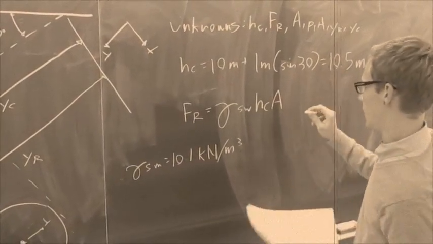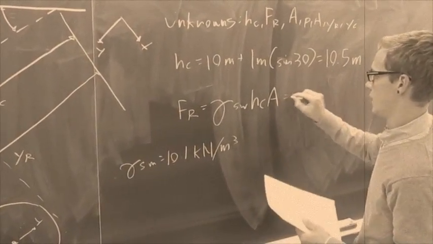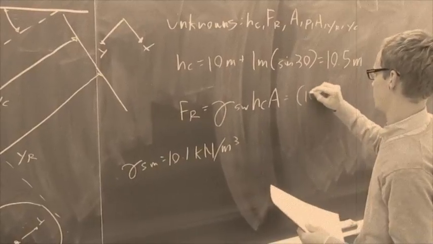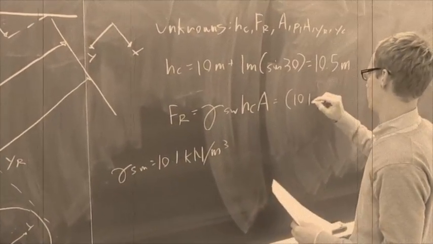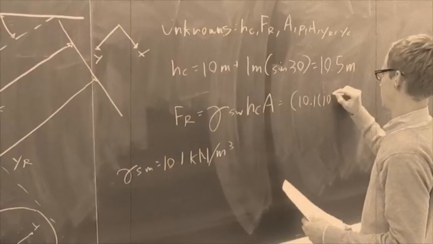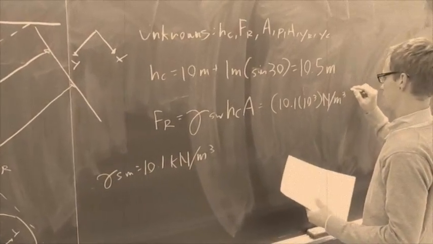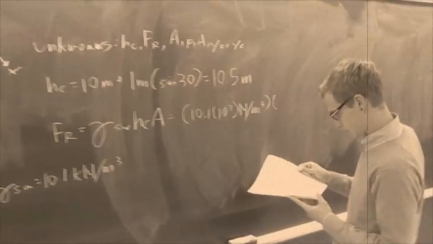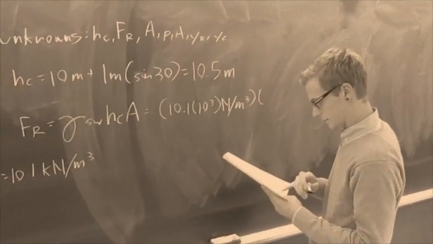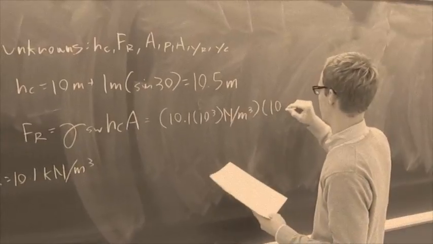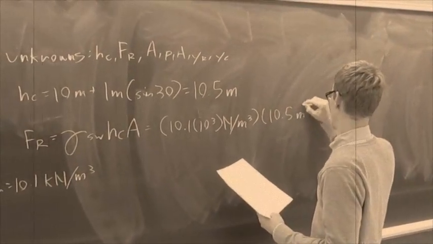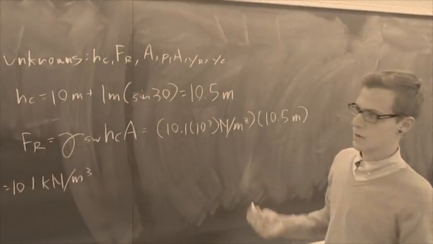So also solve for A in here. You know that gamma seawater, as given there, we'll put that as 10.1 times 10 to the third newtons per meter cubed times the Hc, which is 10.5 meters, times A, which is pi r squared.